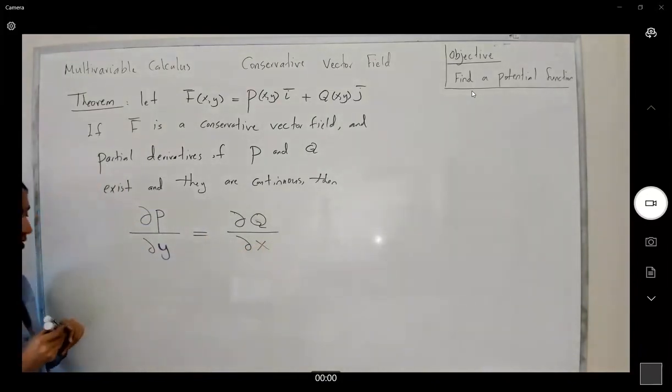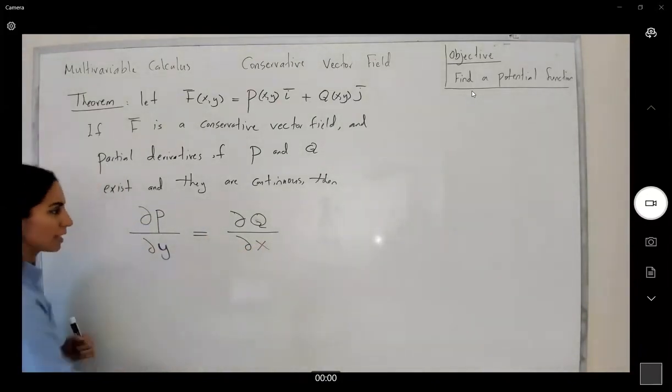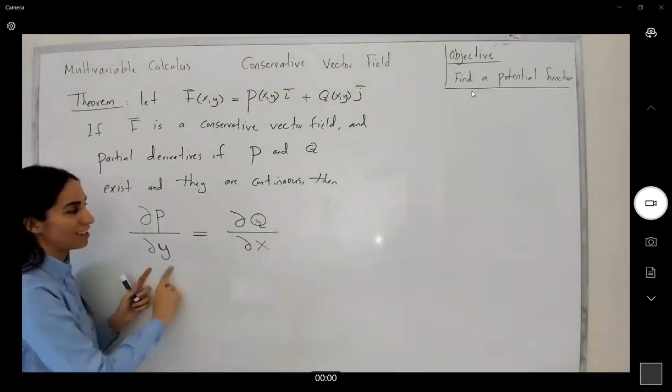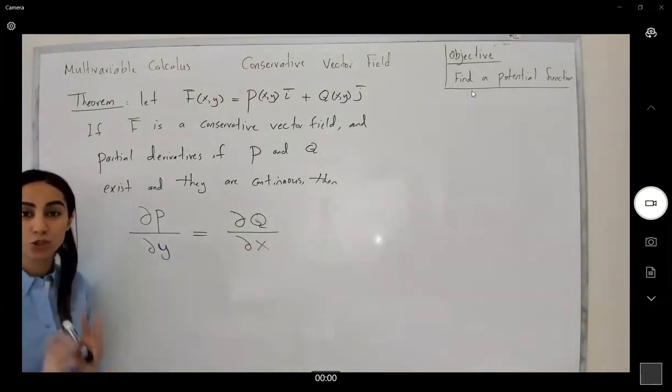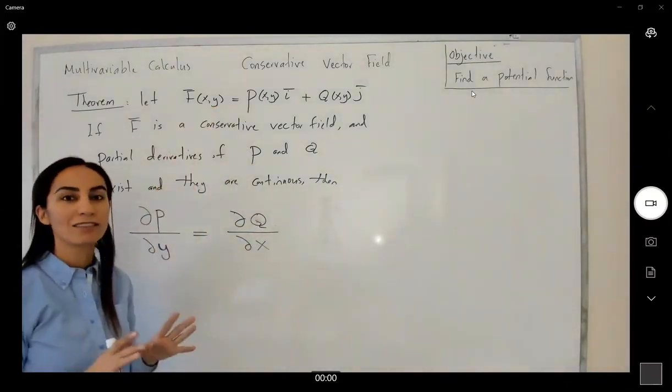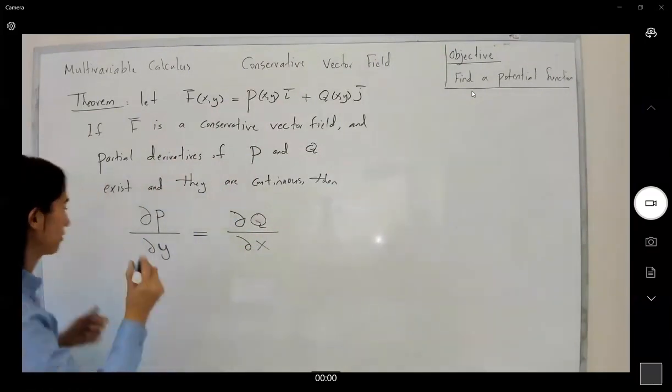So what's the meaning of that? It means that if the equality is not true, then you can say that F is not a conservative vector field.